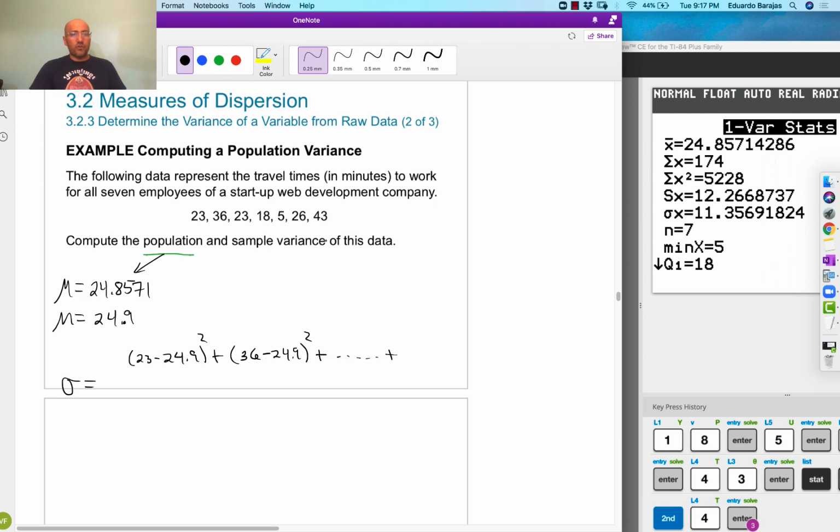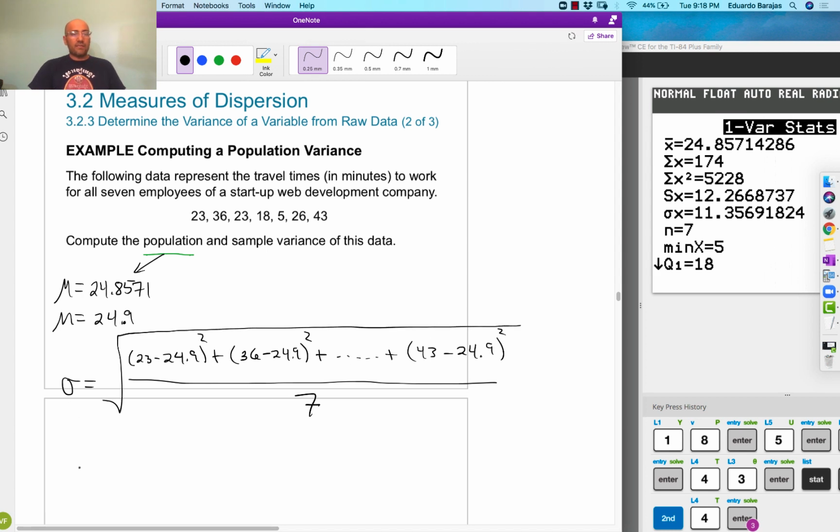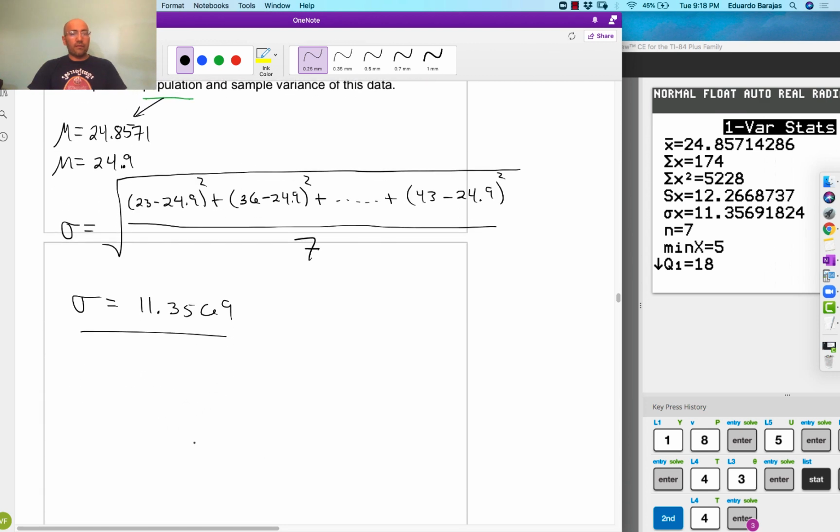We're going to insert the rest of those. The last one is 43 minus 24.9 squared, and then we divide the whole thing by capital N, which means that there are 7 entries, and then we take the square root of the whole thing, and that's the standard deviation. And I can see from my calculator that the standard deviation is equal to 11.3569. All right, so then all I have to do for the variance is to square that.